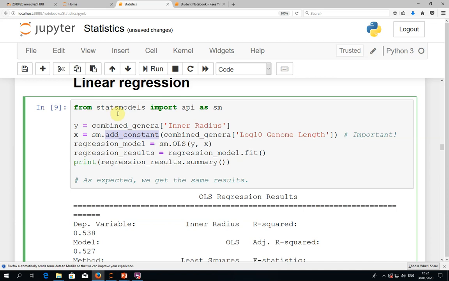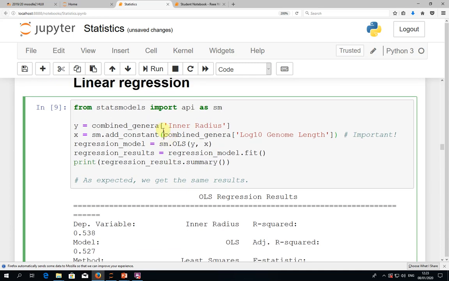And this component, this b, that allows something that doesn't go through your origin will only be given if you add this constant here. So if you don't do that, you will always get a b which is 0, which sometimes is a reasonable assumption. It's something that you want to enforce, but I think in most cases it's not something you want to assume, and you want to allow it to use any intercept that is fit.